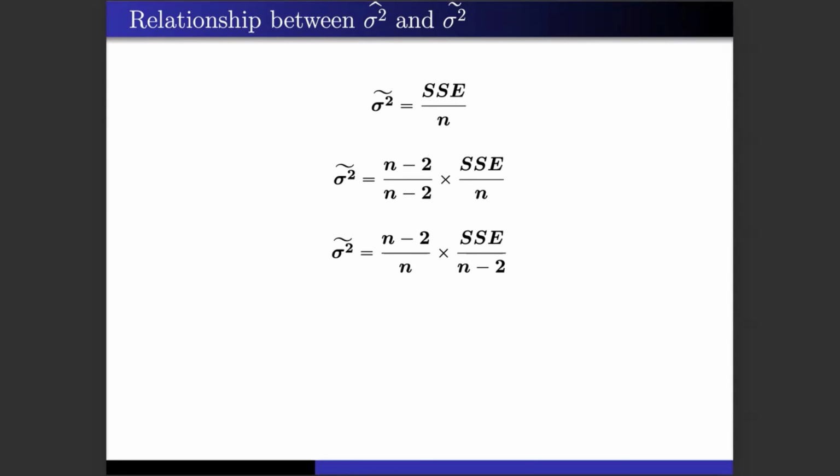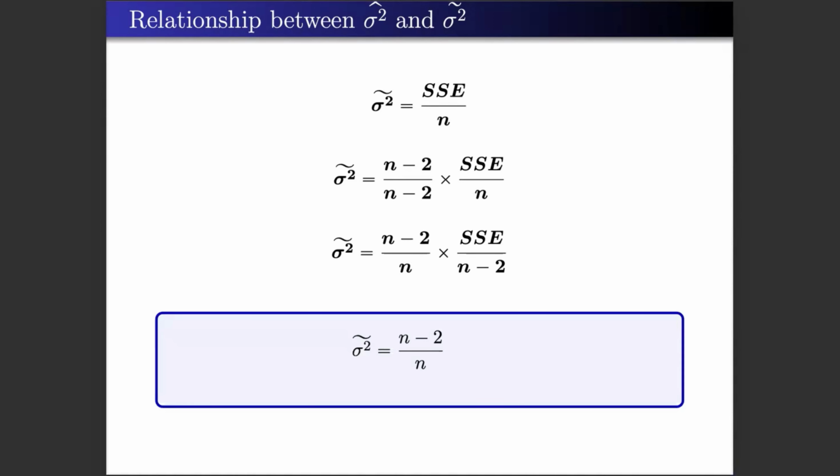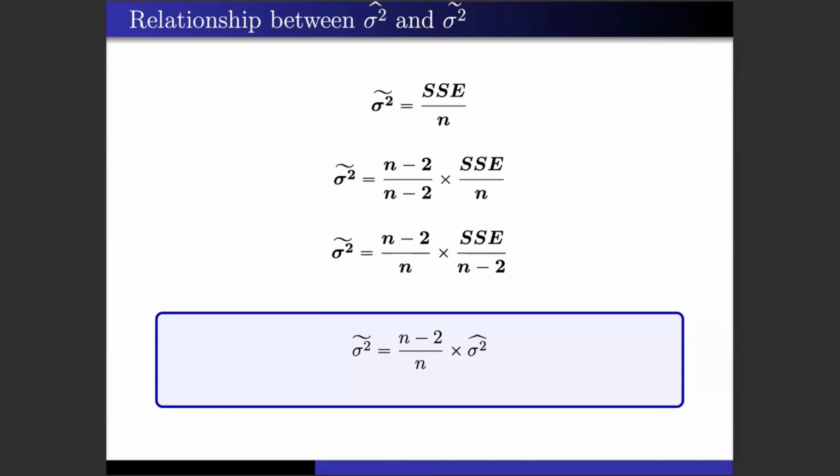Then sigma square tilde is equal to n minus 2 divided by n as it is, and the second term, SSE divided by n minus 2, is nothing but an estimate of sigma square obtained using the ordinary least squares estimation method, which we denote by sigma square hat. And we have the relationship between sigma square tilde and sigma square hat: sigma square tilde is equal to n minus 2 divided by n times sigma square hat.